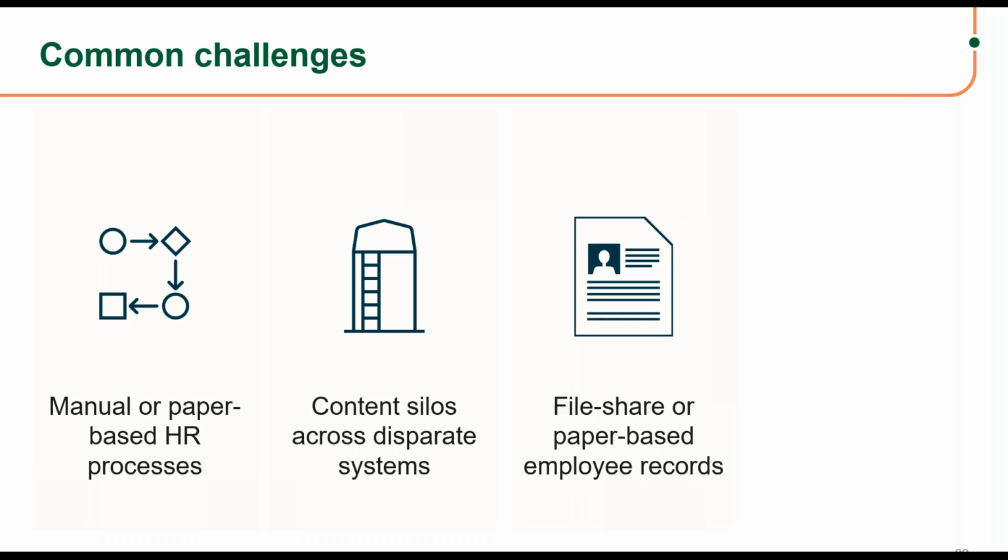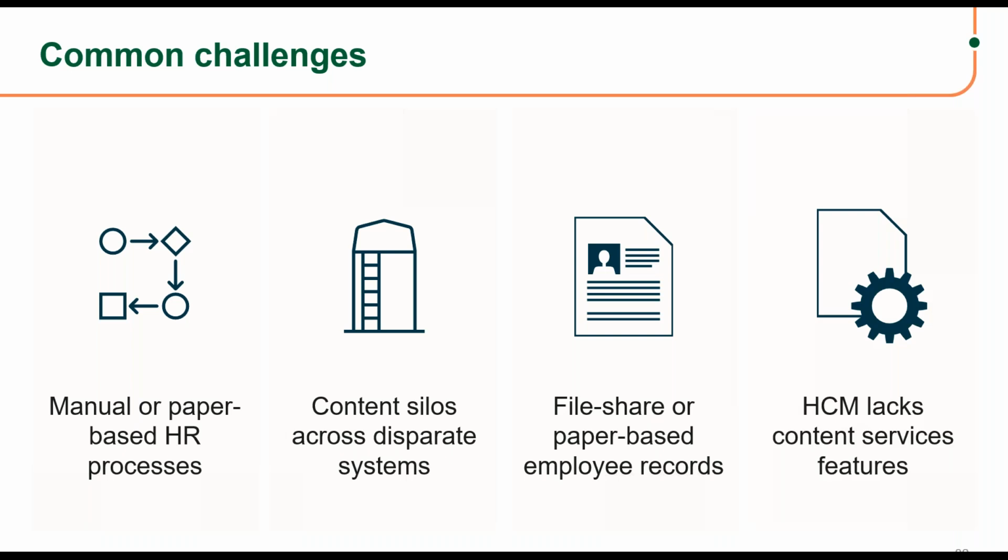And if organizations are still relying on file share or paper-based employee records, as you can imagine, that can present some pretty significant security and privacy gaps. And then finally, HCMs, and SAP SuccessFactors is not necessarily an exception here, tend to lack those comprehensive content services features that are necessary to handle all the varying unstructured content types that can make up an employee file, which is really, of course, where OnBase thrives.